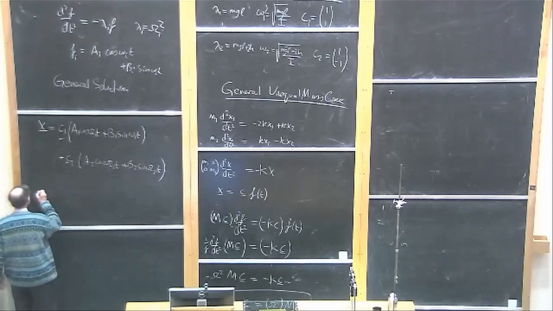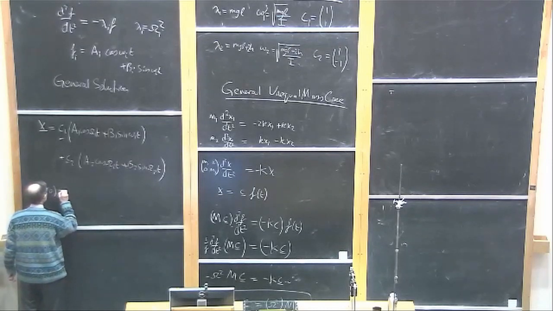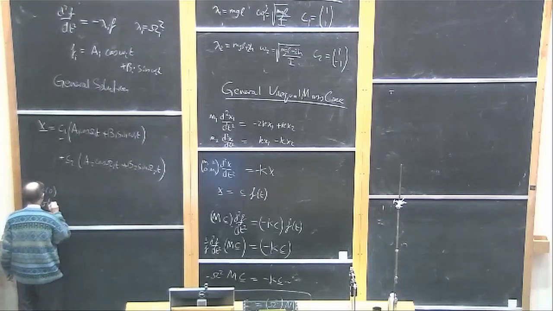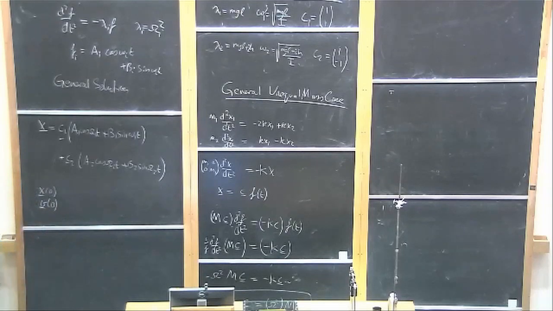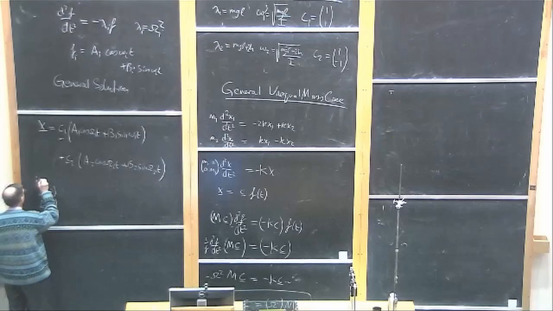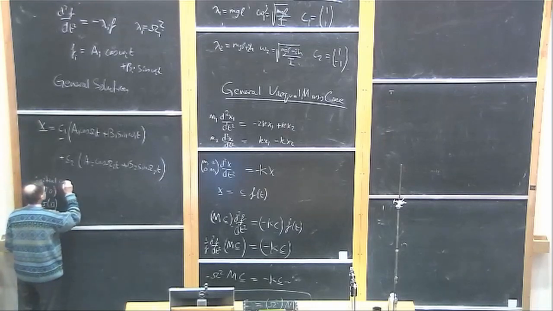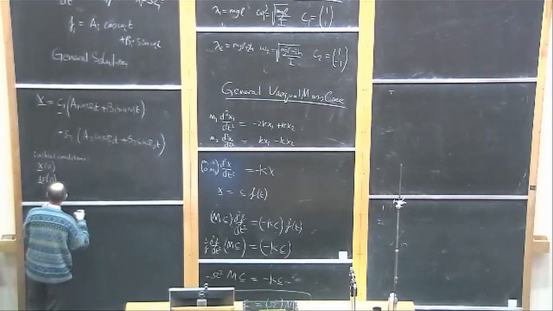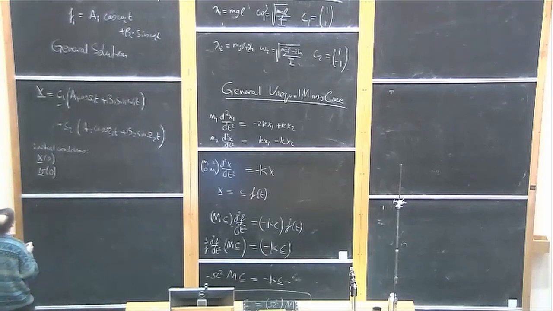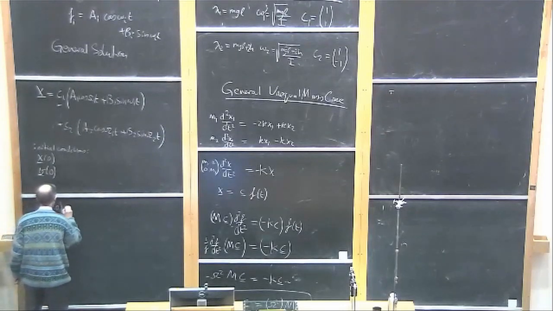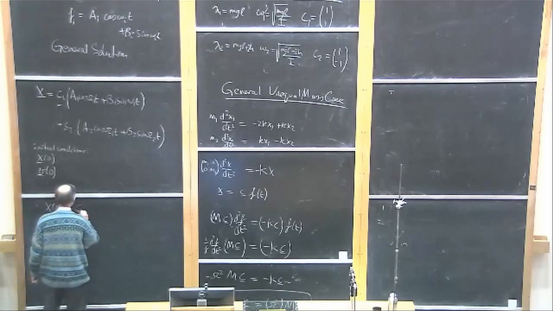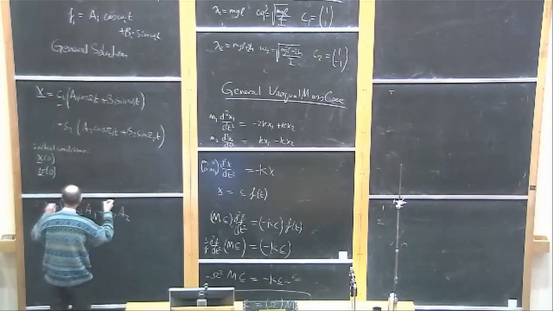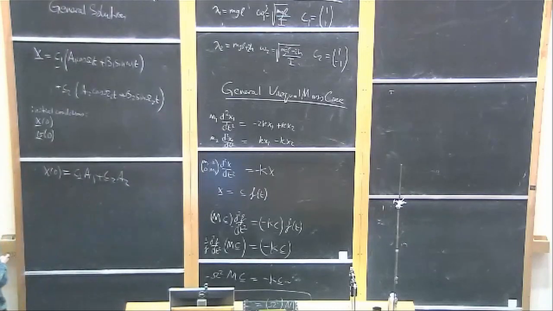But if we now introduce some initial conditions, x of 0 equal x of 0 and v of 0, initial conditions. So if I put t equal to 0 in there, we get x of naught is C1 A1 plus C2 A2. So far the same, but now the orthogonality works differently.